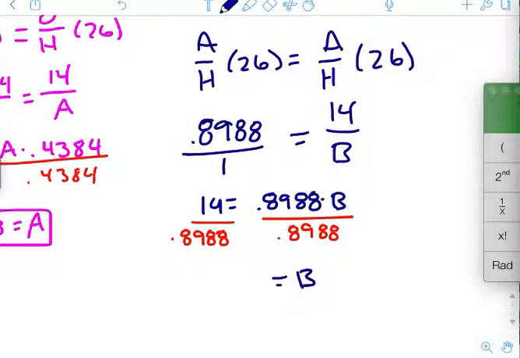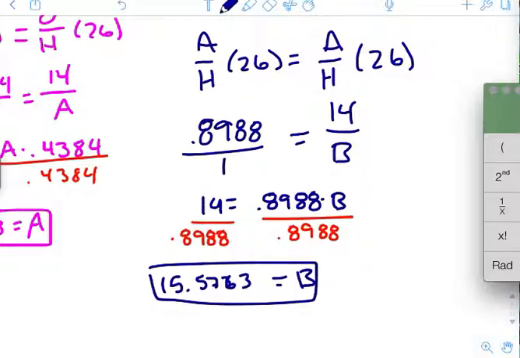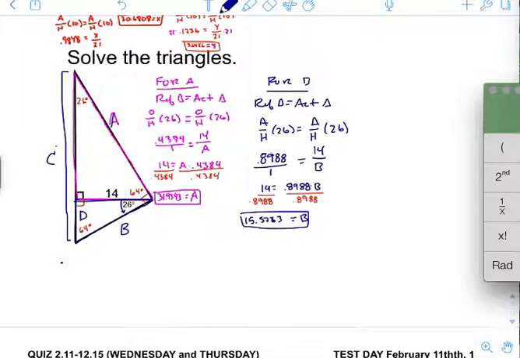Okay, so B shall be equal to 15.5763. Okay, so we're just going about our business solving, so let's go ahead and solve for D while we're at it.